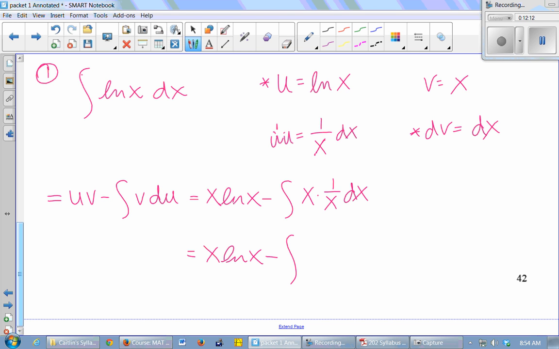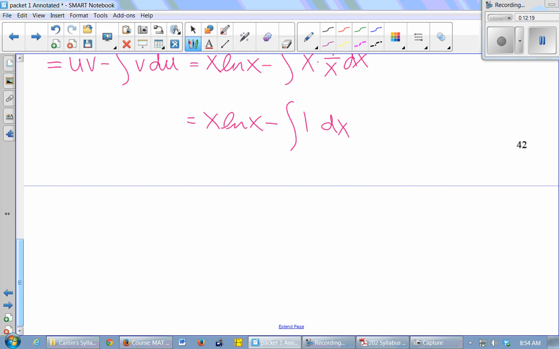So x times 1 over x, what is that? Just 1. So this is 1 dx. What's the antiderivative of 1 dx? X.